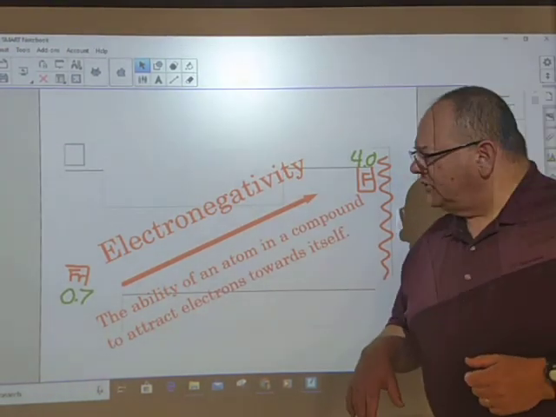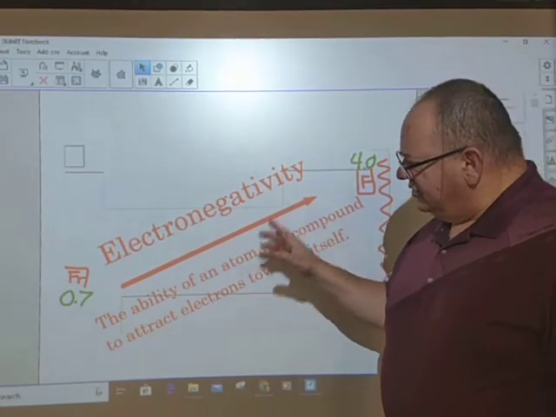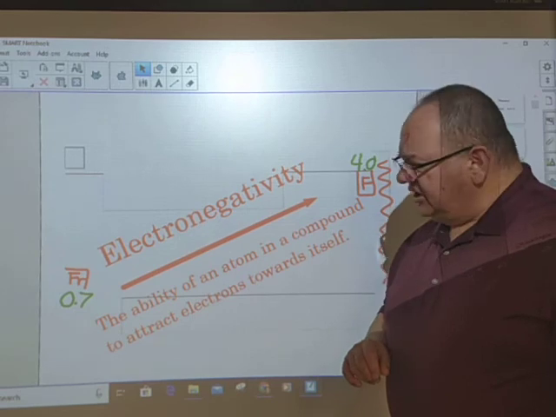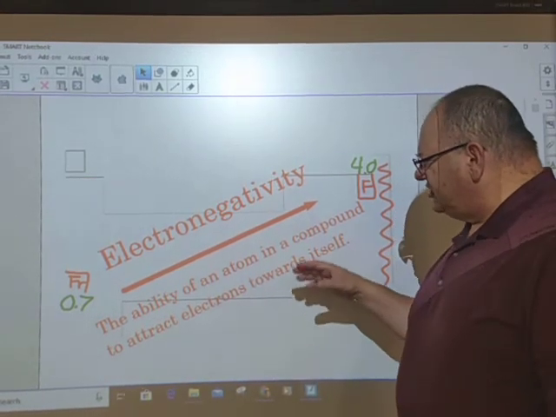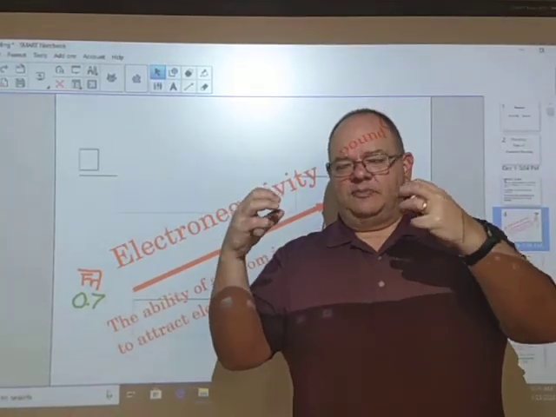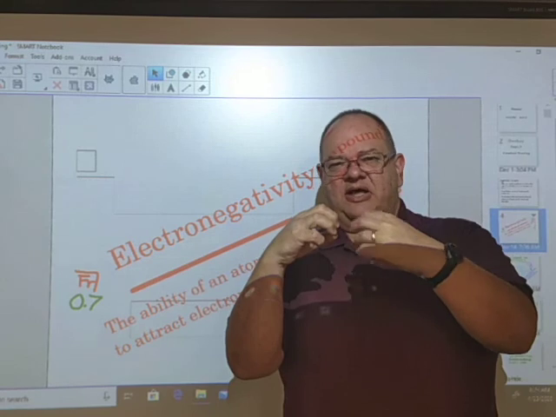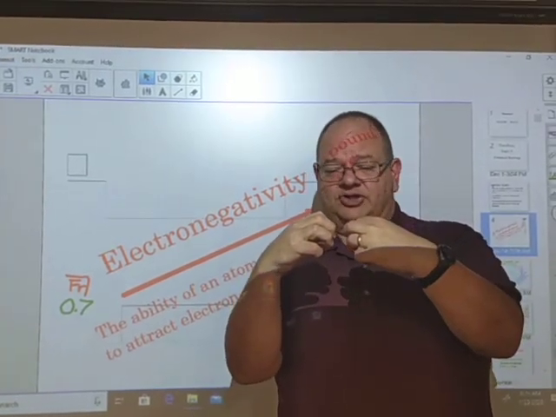So let's review that definition of electronegativity. Electronegativity is the ability of an atom in a compound to attract electrons towards itself. So picture two atoms and they're bonding together. And so something is happening with their valence electrons. There's some sort of attraction.